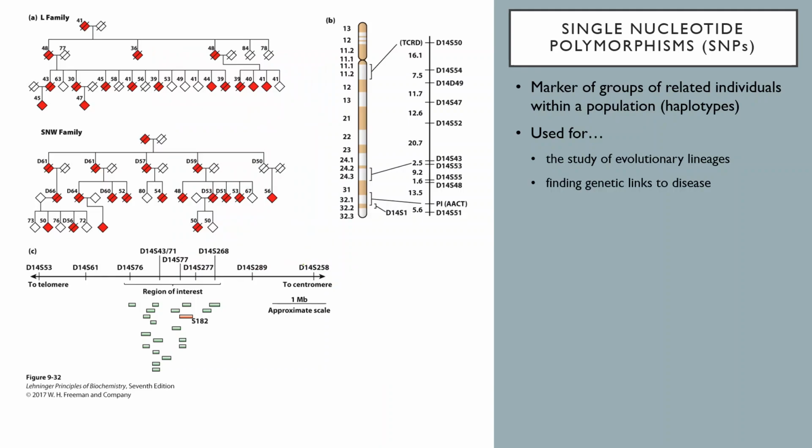Another important use for these SNPs, for these polymorphisms, is to study genetic diseases. Genetic diseases are ones in which a mutation in a gene or in the regulatory part of a gene causes the gene to malfunction somehow and lead to disease. Again, most mutations will do this.